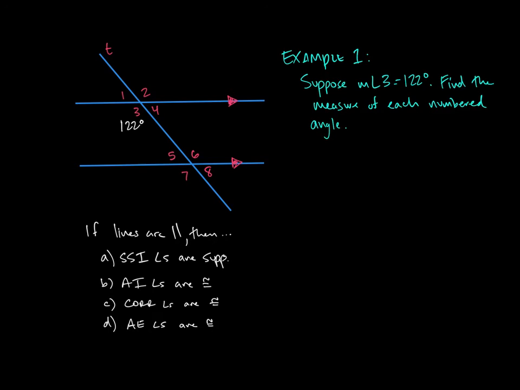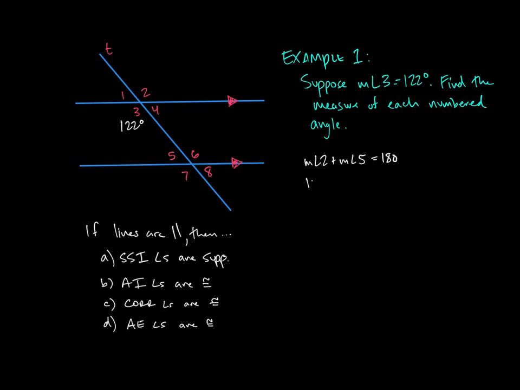Let's start with the idea that same-side interior angles are supplementary. So if angle 3 is 122, the angle that would be a same-side interior angle with it would be angle 5. So that would tell us that the measure of angle 3 plus the measure of angle 5 needs to equal 180.